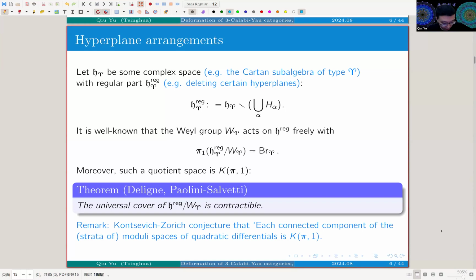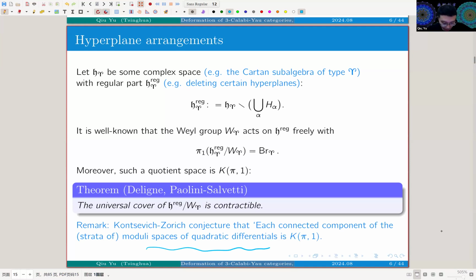A related conjecture by Kontsevich and Zorich is that if you take the moduli space of quadratic differentials, which we will mention in more detail later, it is also very similar to this K(pi,1) space.